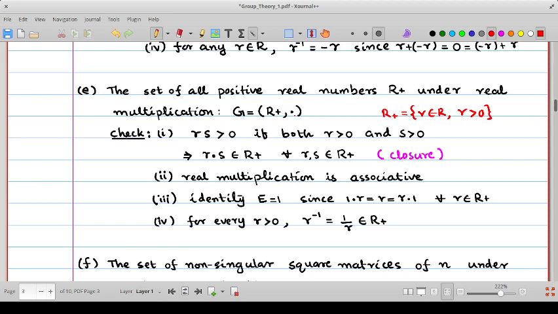And as a group operation, we consider real multiplication. So we need to check whether it satisfies all the properties that should be satisfied by the group elements under the composition operation.